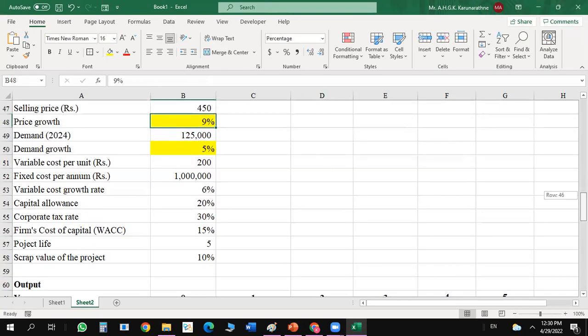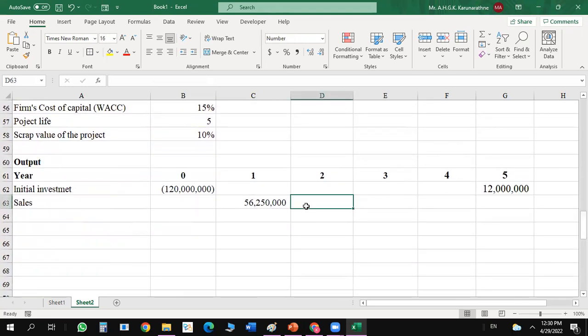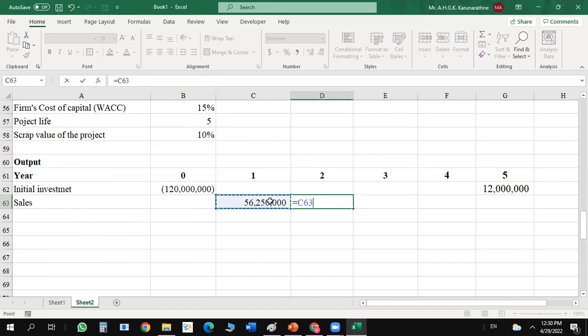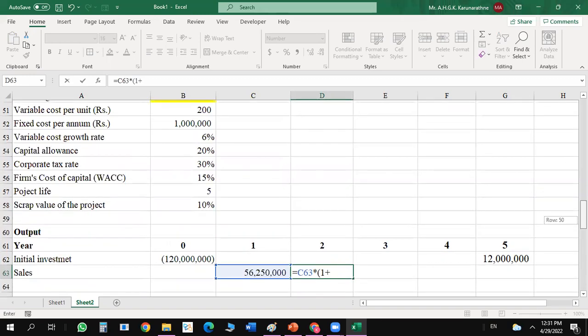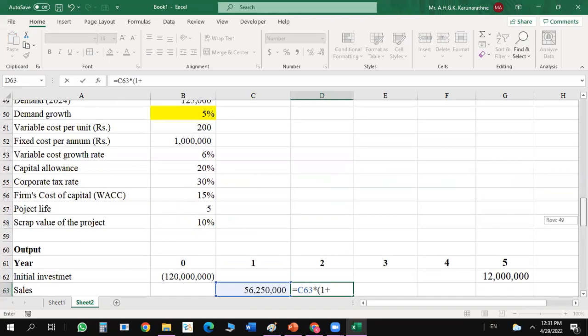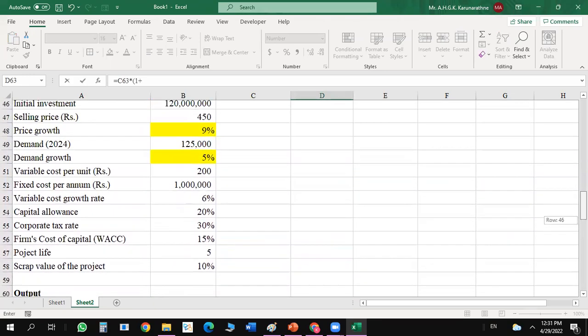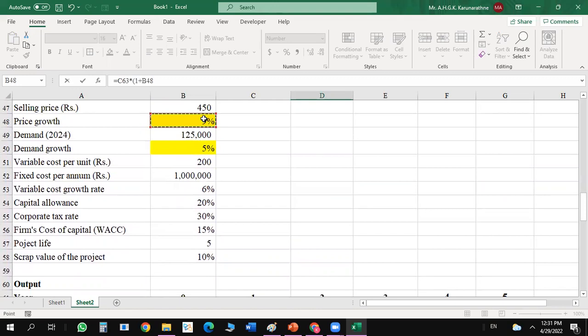Demand. Next year demand equals current demand multiplied by 1 plus price growth rate, multiplied by 1 plus quantity growth.